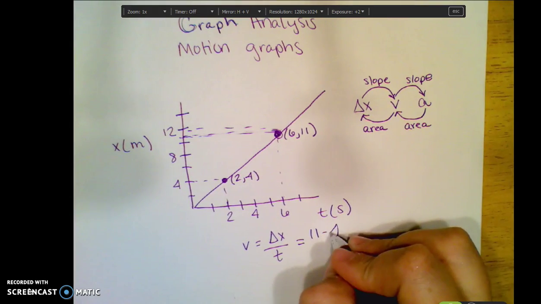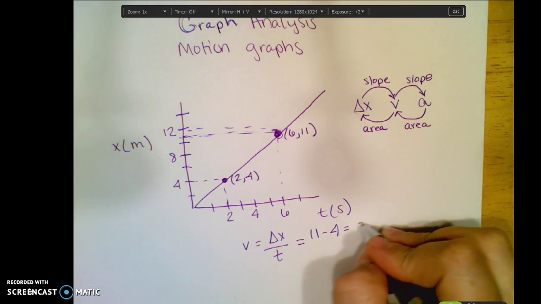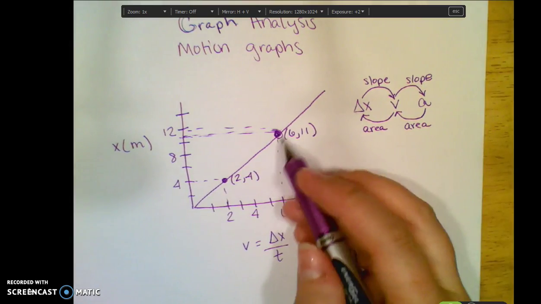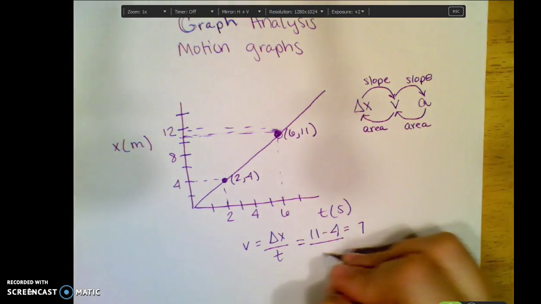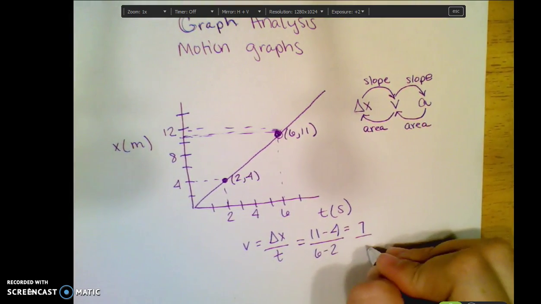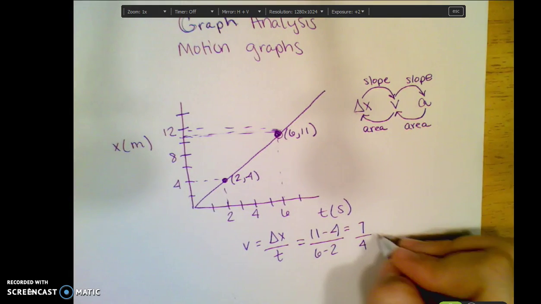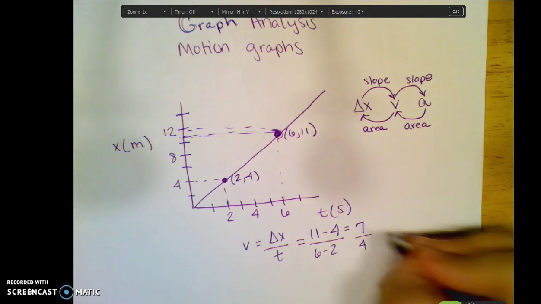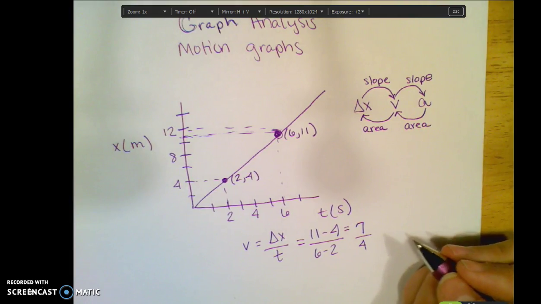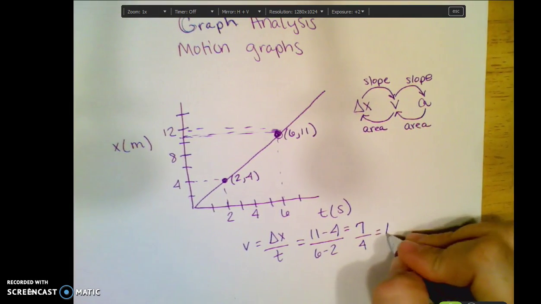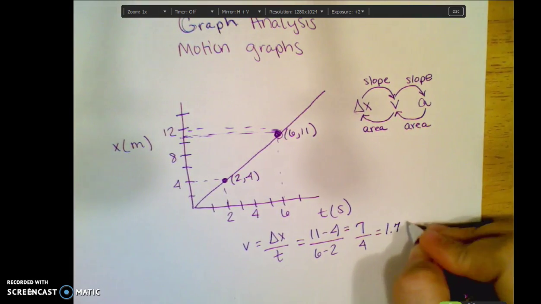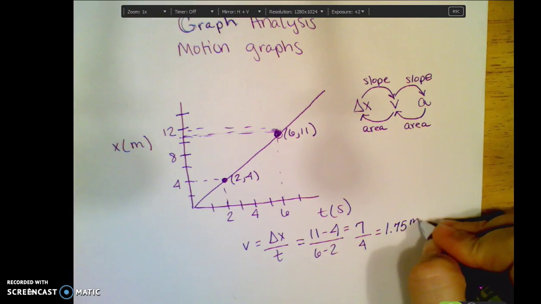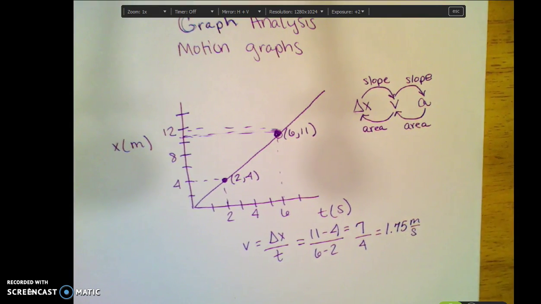So 11 minus 4, which equals 7. And my change in time would be 6 minus 2, which is 4. So 7/4, we would have 1.75 meters per second would be my velocity.